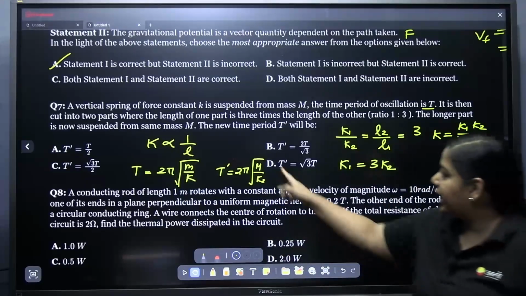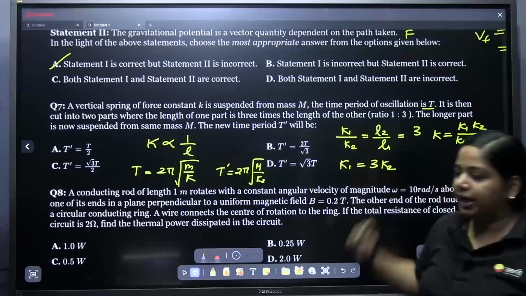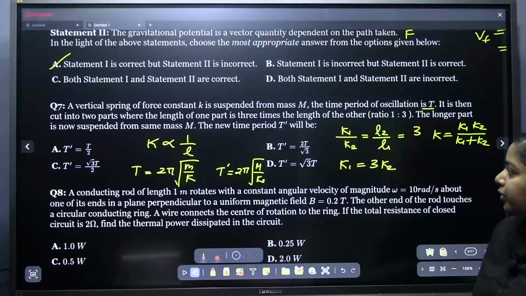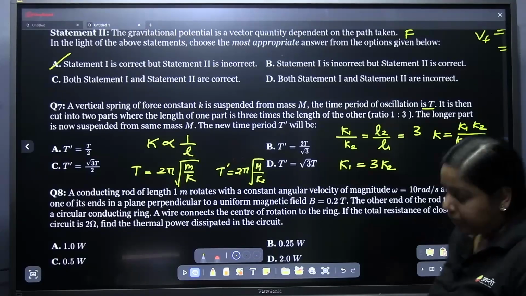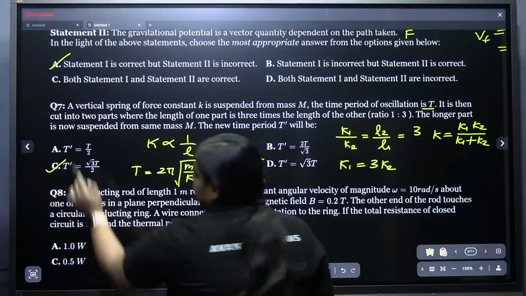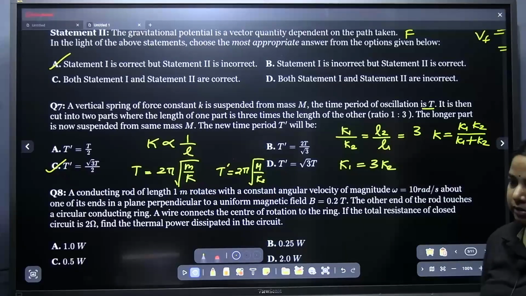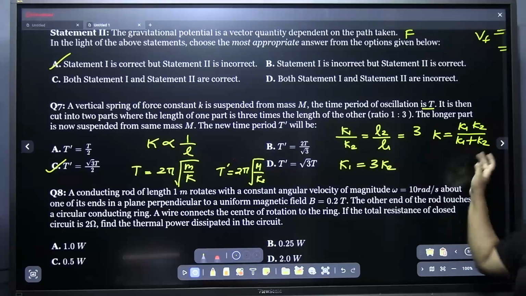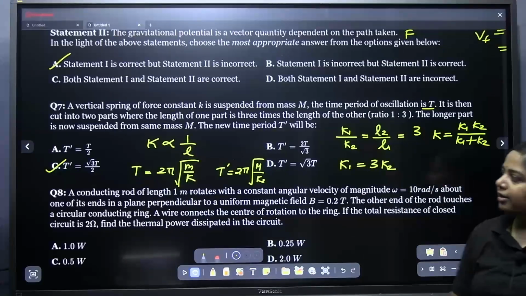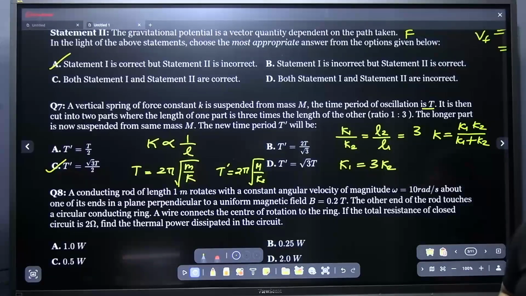Okay, in this K2 when you substitute in terms of K, you will get T dash in terms of T. When you substitute, you are going to get the answer T dash equal to root 3 by 2 T. Understood? First find this relation between K1 K2, substitute it in here to find K2 in terms of K, then find the time period. Do you have any doubt in this?